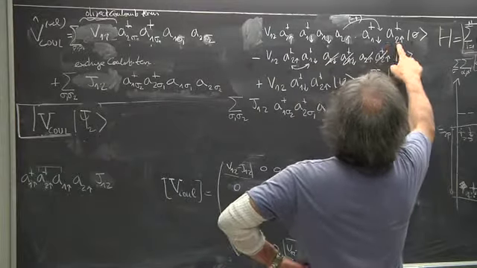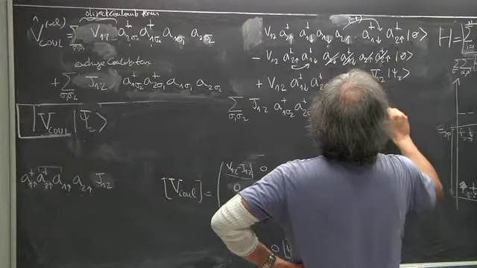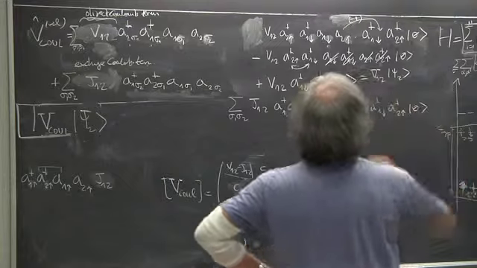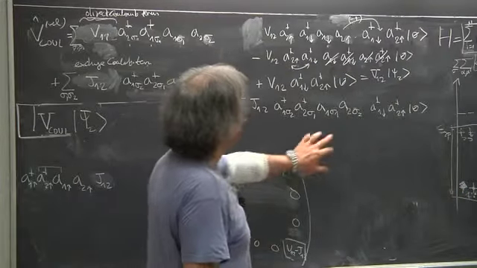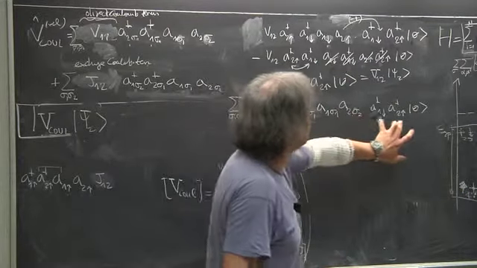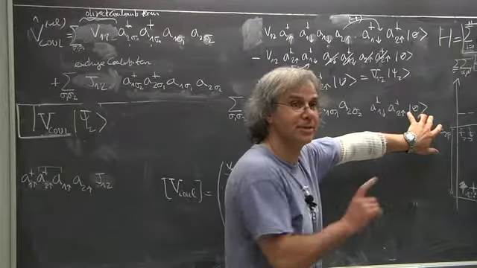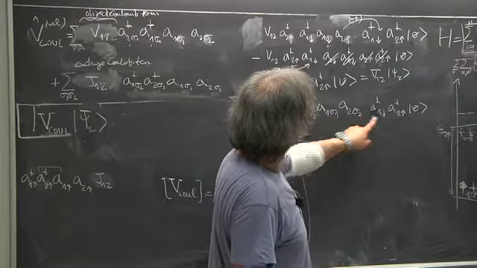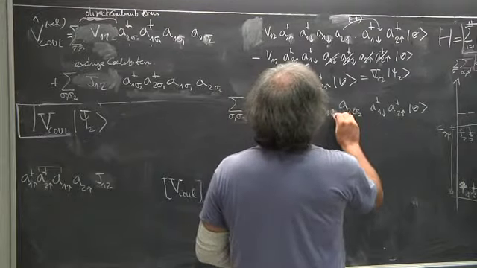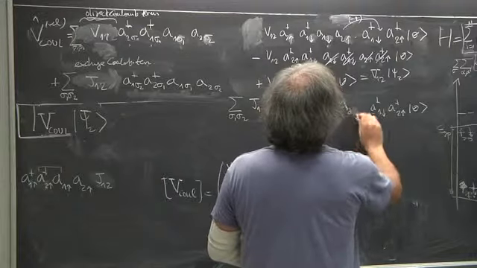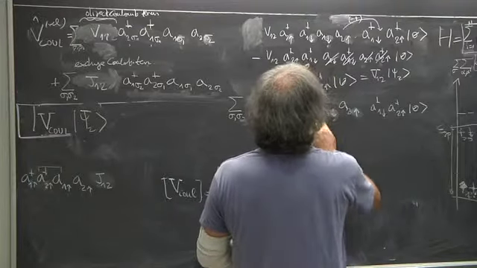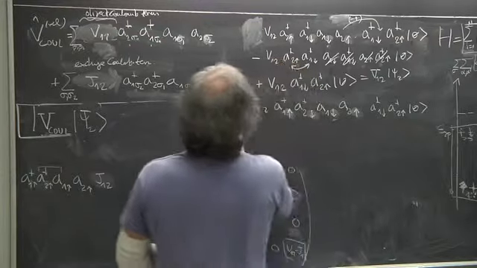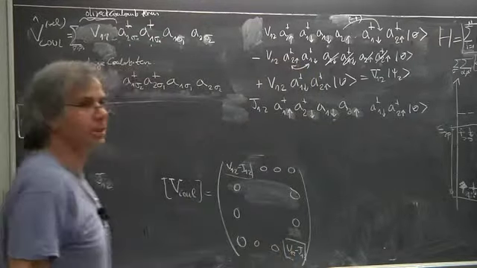So the state is still psi 2, therefore A dagger 1 down, A dagger 2 up, vacuum, okay? So let's see. I want to destroy things, and I want to destroy these two things. Otherwise, there is a 0. So let's see. 1 has to be down, as before. 2 has to be up. Okay? This fixes immediately this to be down, and this to be up. And there is no longer any need for a sum. The other terms are 0.